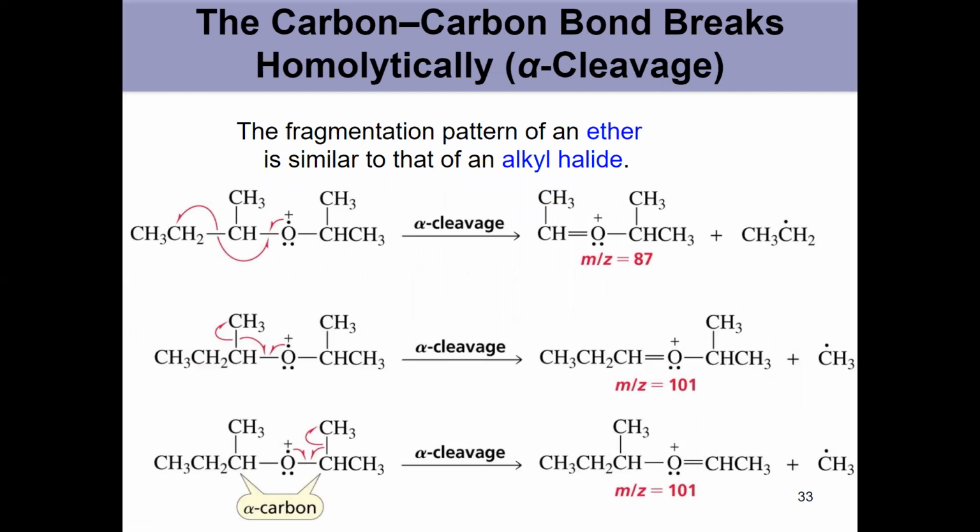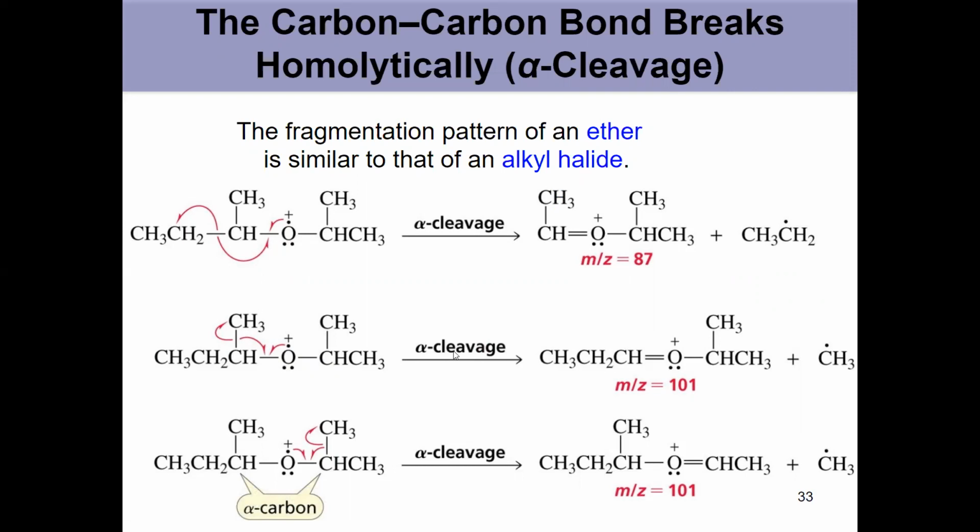But the other possibility that we see here is that a carbon-carbon bond undergoes a homolytic bond cleavage at the alpha carbon to again form a more stable cation because everything has a complete octet, which we see in each one of these fragmentation types, losing different alpha carbons in each situation.